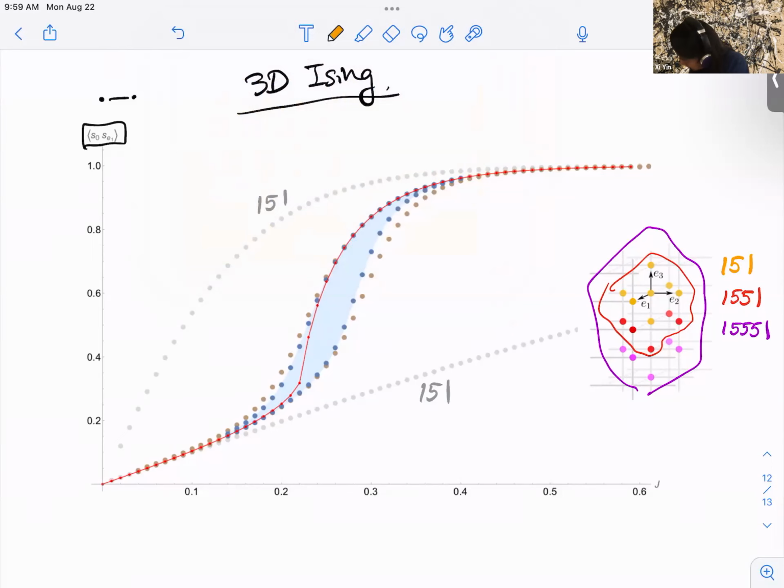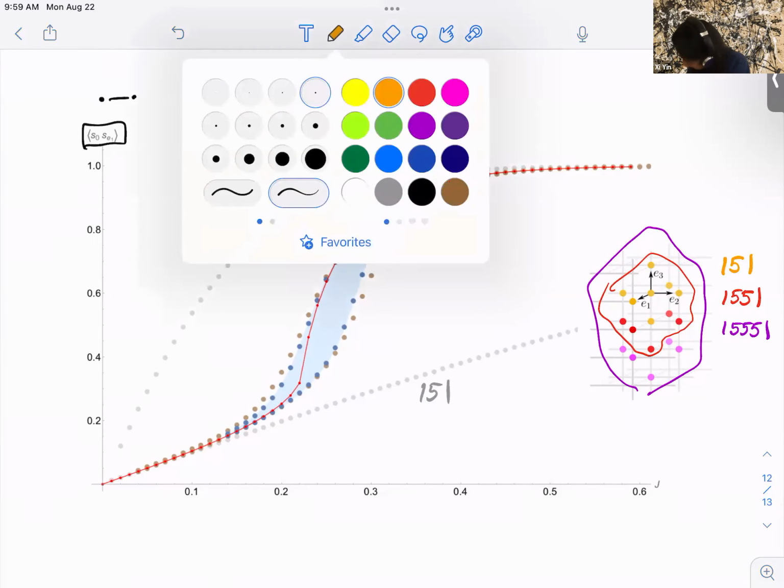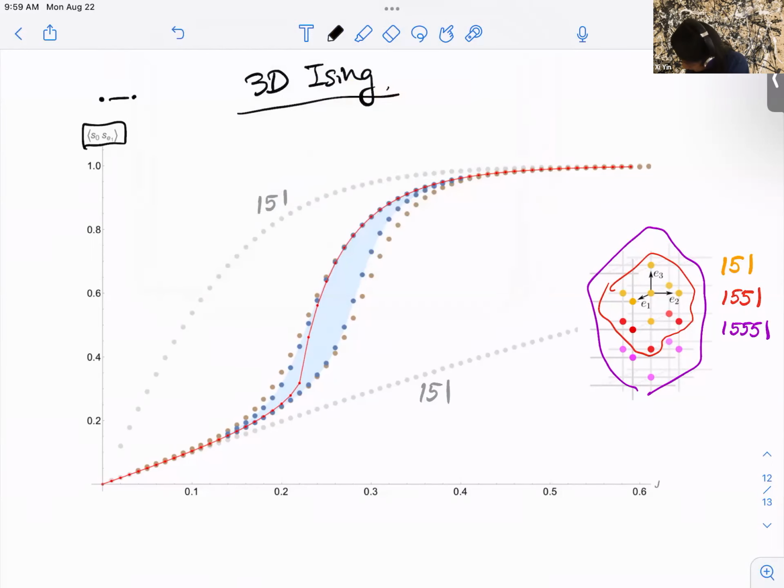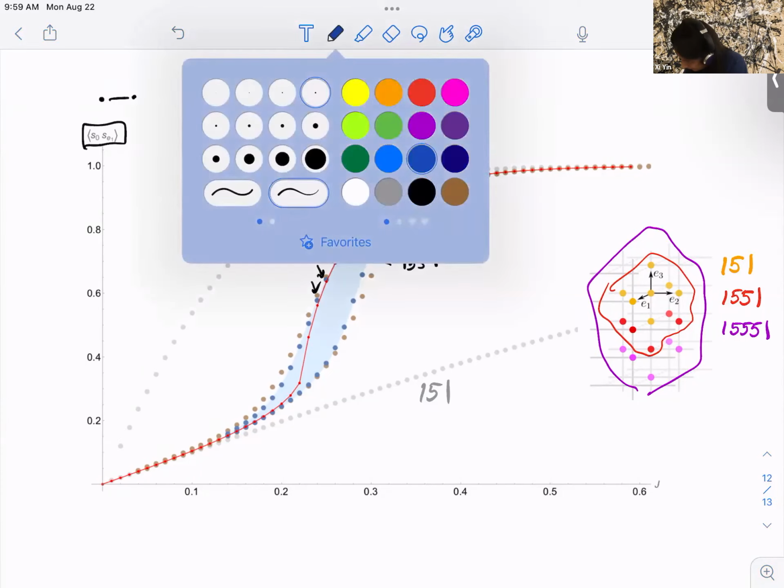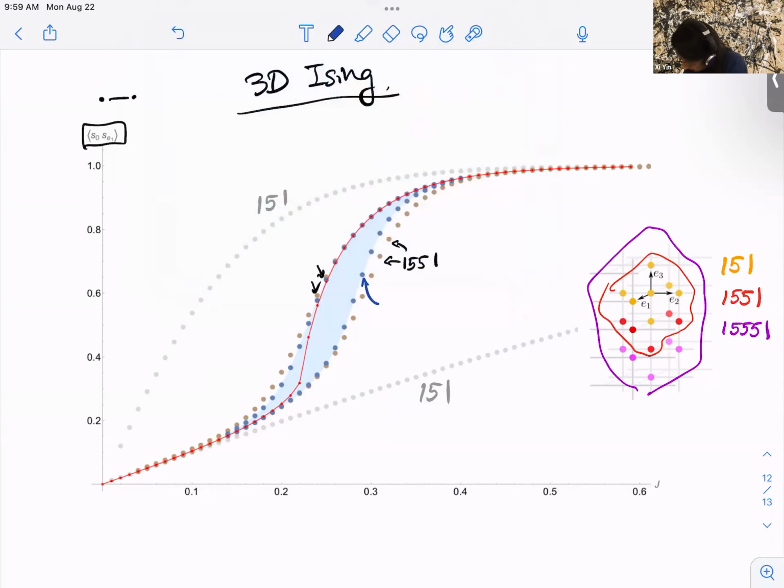The brown dots, both the upper and lower ones, are from the 1551 region, and these blue dots, which are the tightest bounds that we have, are for the 15551.